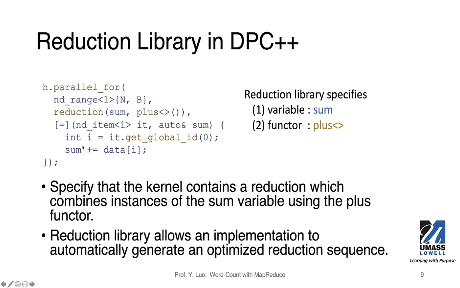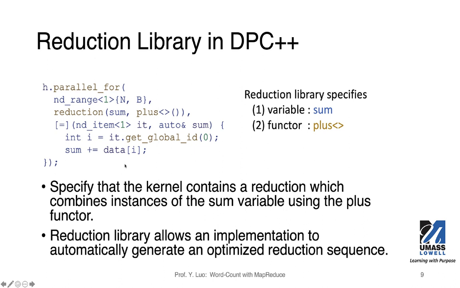And what we do in the kernel is that we're going to be getting the global ID of this kernel, and we will use that to index a number in the input variable, where data[i] stores the input value to this reduction function for this reduction stage. So we'll accumulate that to sum. In the next iteration, sum will be used as the accumulation variable for the other reduction kernel.